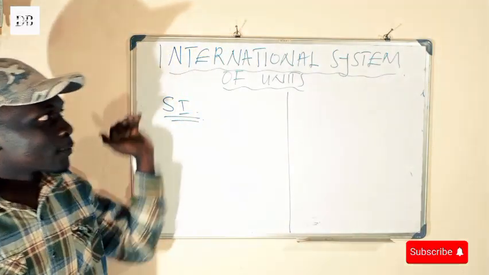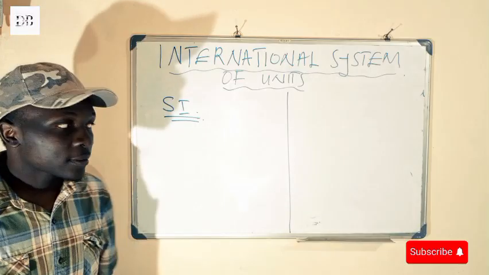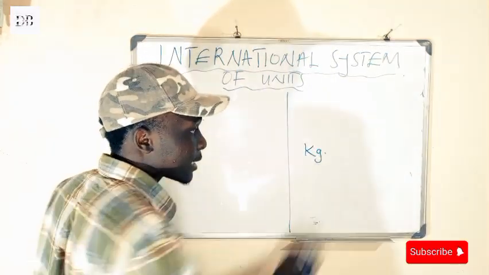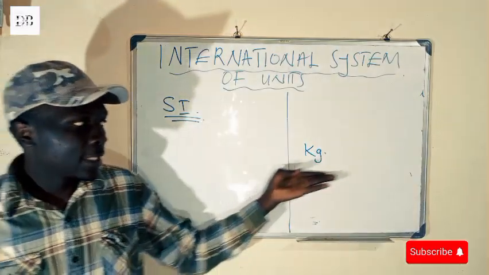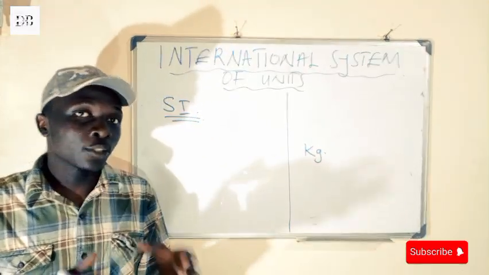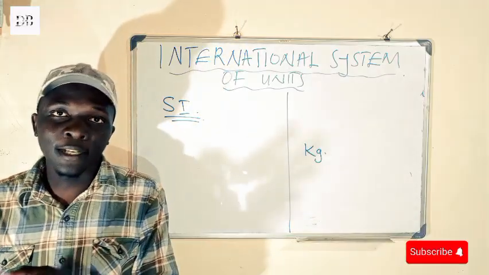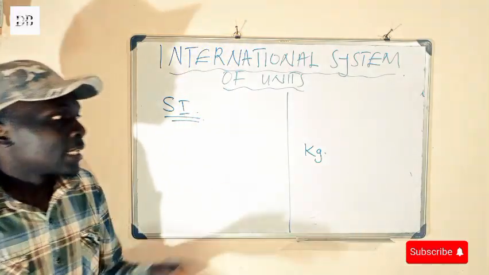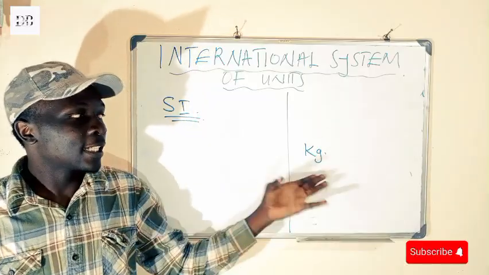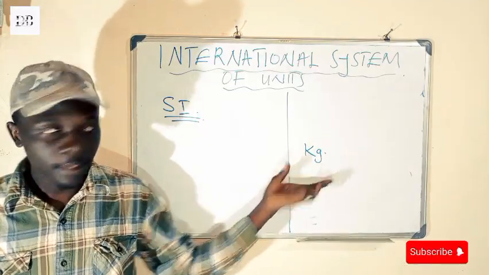And that is the same for the International System of Units. If my unit standard is kg, that is for mass, and I find I am using pounds, for example, I have 200 pounds, I need to convert this to kg because this is the internationally accepted standard of the units.